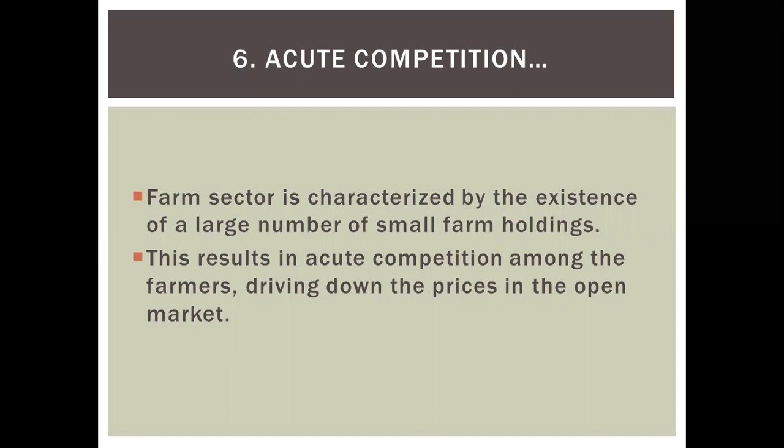This competition among farmers takes them to a situation where they can hardly influence the determination of the price of their commodities. So this results in acute competition among the farmers, driving down prices in the open market.